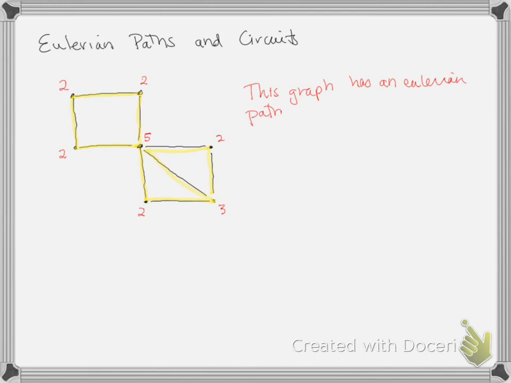And I know that, well, I know it because I found it, but really you know it because there are exactly 2 vertices of odd degree.